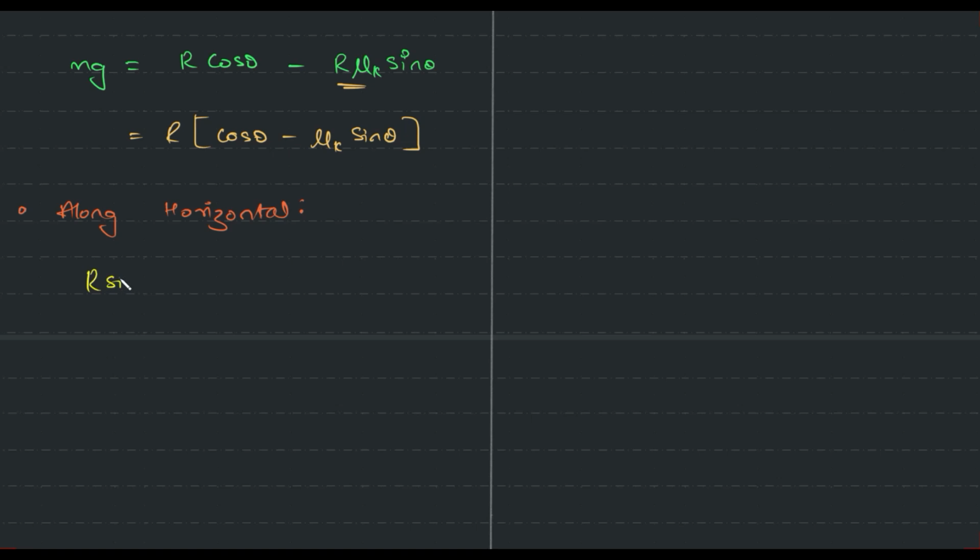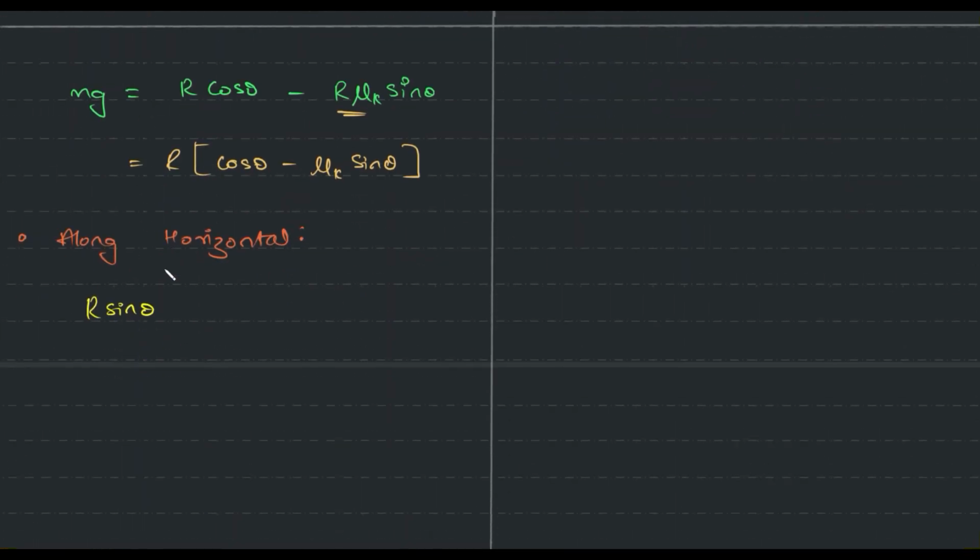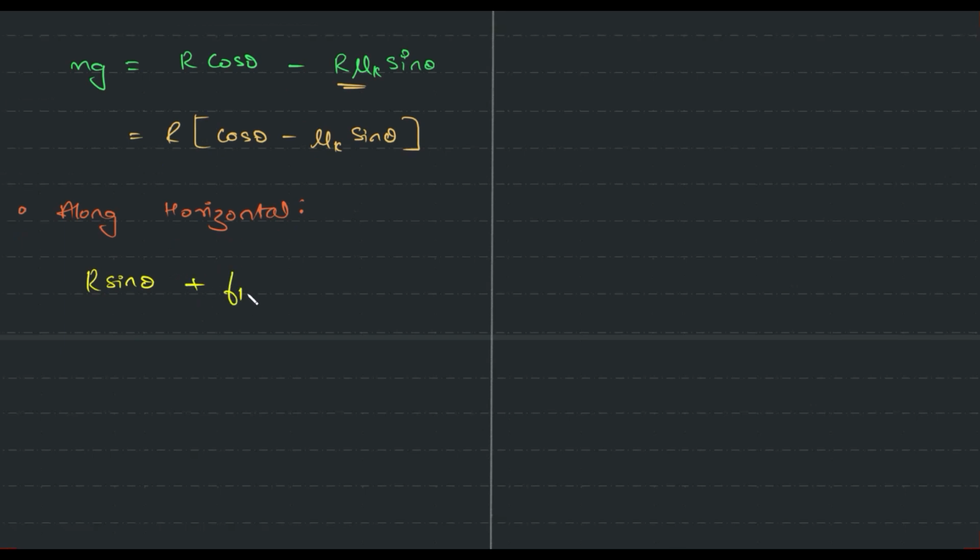So r sin theta plus Fk cos theta is equal to mass times acceleration. So from here we can figure out Vc. So r, again r is common, sin theta plus mu k cos theta equals mass times Vc square by r. So what do we have?